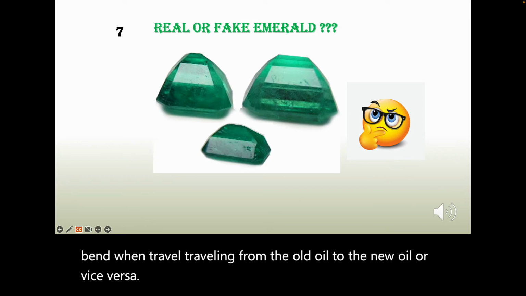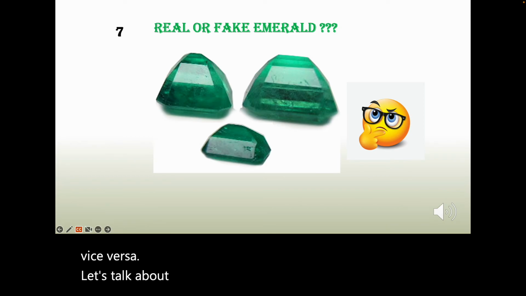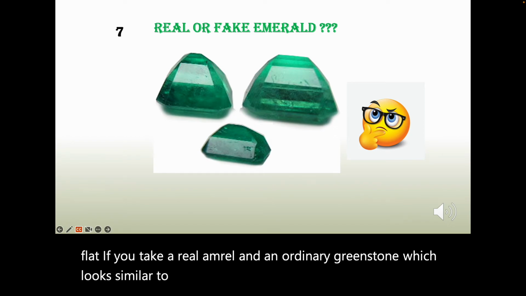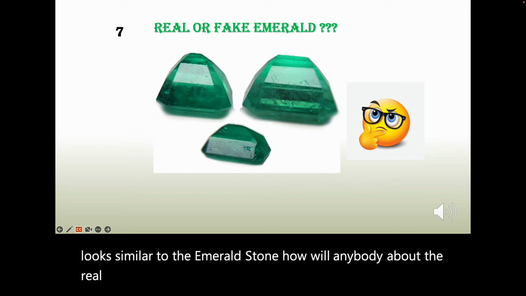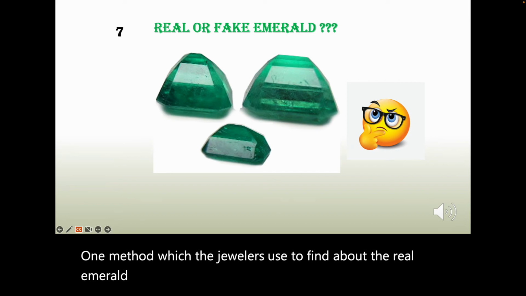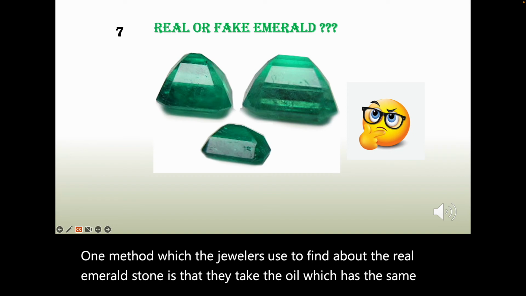Let's talk about another interesting application of refraction of light. If you take a real emerald and an ordinary green stone, which looks similar to the emerald, how will anybody know which is the real stone? Well, one method which jewelers use is that they take an oil which has the same refractive index as that of the emerald.